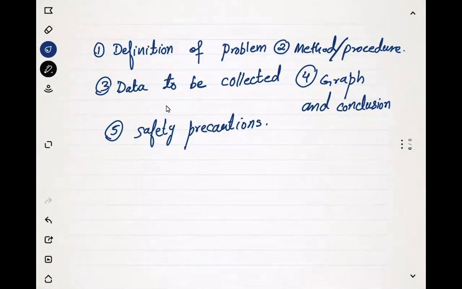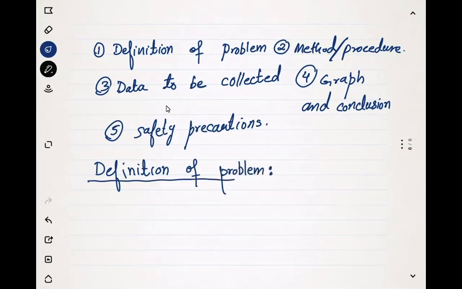Now, what you have to mention in definition of problem? Definition of problem is about three things.